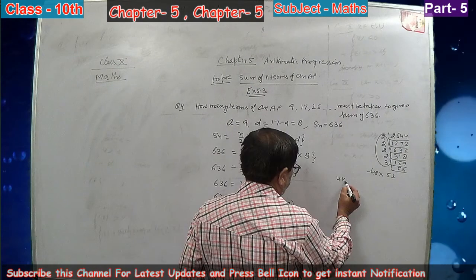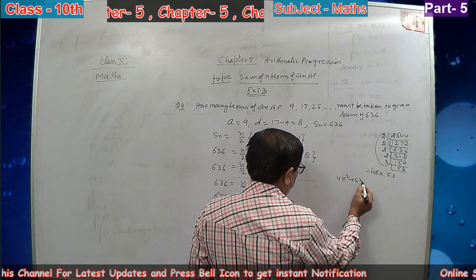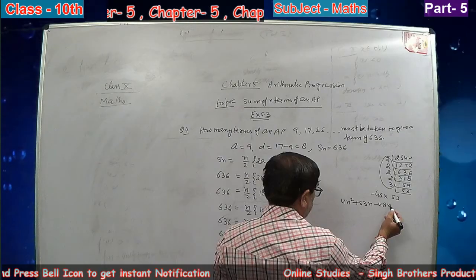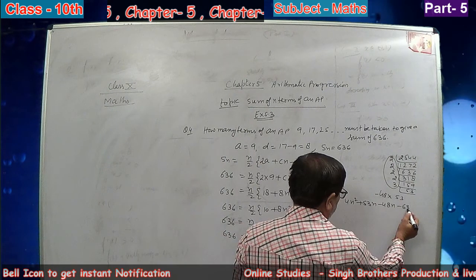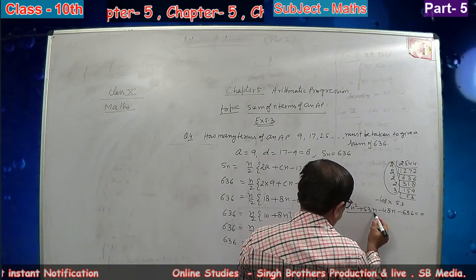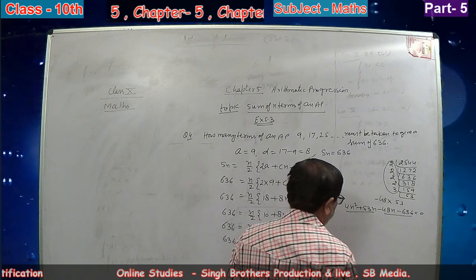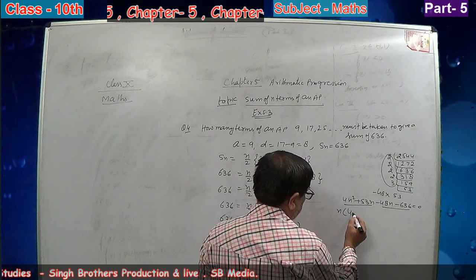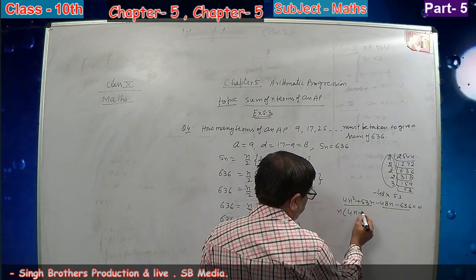4n square plus 53n minus 48n minus 636 is equal to 0. Now, make it pairs and take the common. n is common, 4n plus 53.